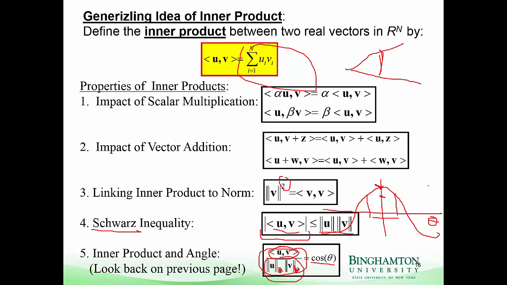And notice that if they were pointing in opposite directions, I would be down here, 180 degrees apart. I'd either be here or here. That's going to be cosine of theta is -1. So when this normalized inner product is equal to -1, then it's telling me that these two vectors are pointing in opposite directions.